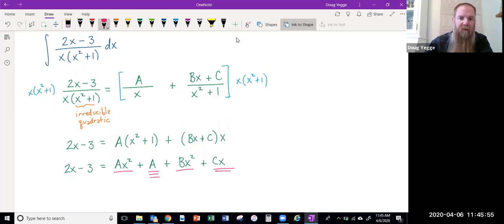So if I were to rewrite this, a plus b is going to be the coefficient of x squared, I see that c will be the coefficient of x, and I see that a will be the constant. But if we look over on the right side, notice there is no x squared term, so I'm going to force there to be one by showing that there's 0 x squareds.